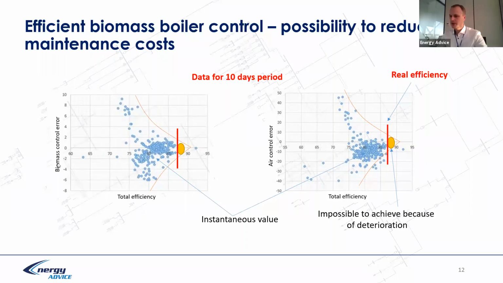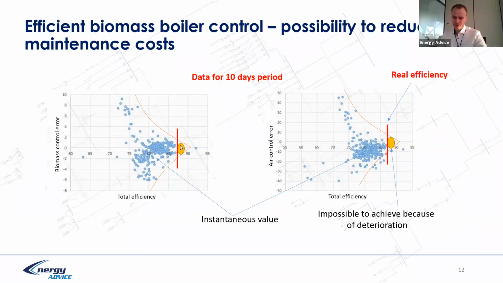Because the error also depends on the air control error, it's another graph for efficiency. But in fact, the boiler operates here. If we don't use boiler optimization, I mean error, a fully optimum operation means zero error. If the error tends to zero, the efficiency tends to 87%.